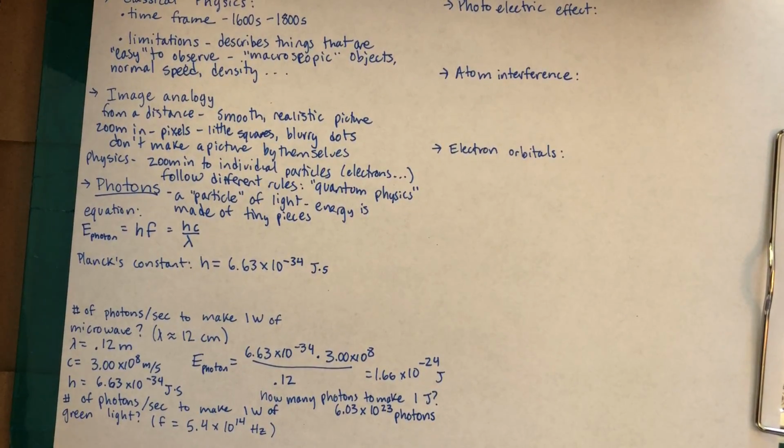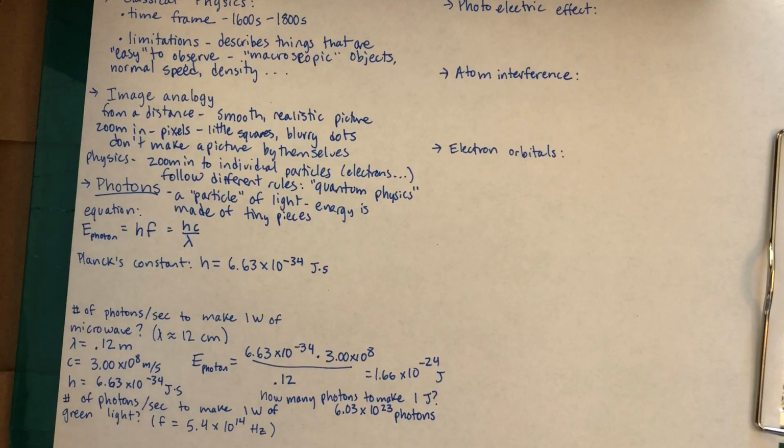Okay. So in a microwave, there would be like 1,000 times this many photons every second. That's so many. So we don't see them as individual separate pieces because they're so small and there's so many. You could think about it as a really, really high-res image where the pixels are so small you can't see them.